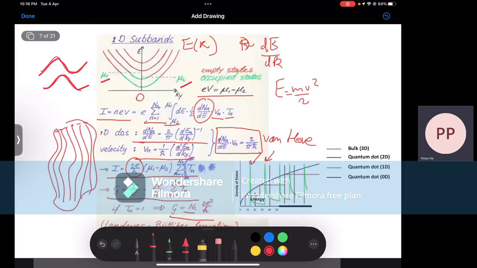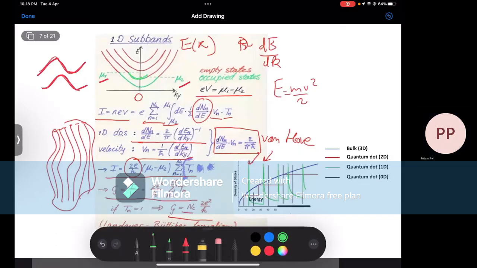All the red states are empty and the green states are occupied. And the chemical potential difference is even, okay.